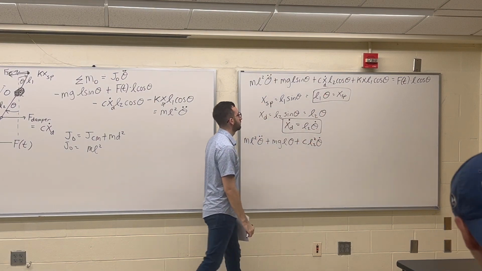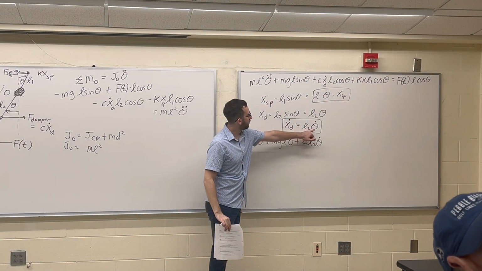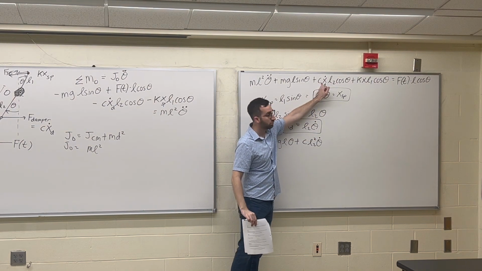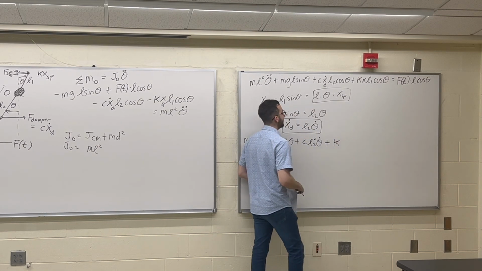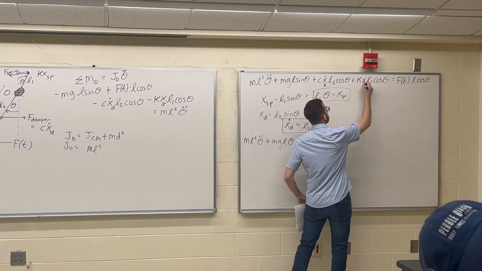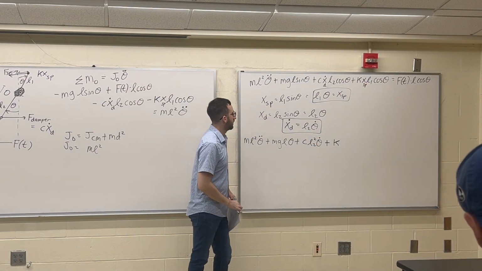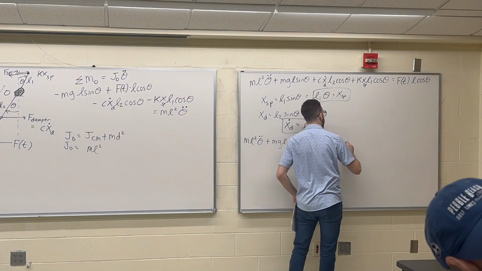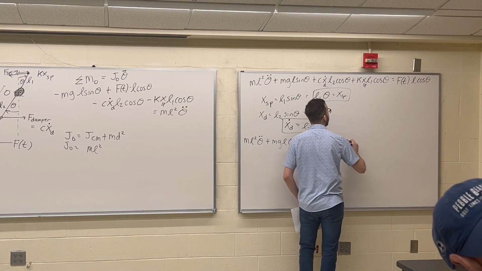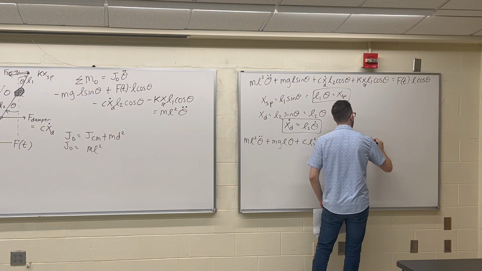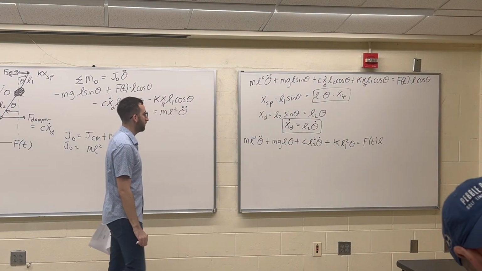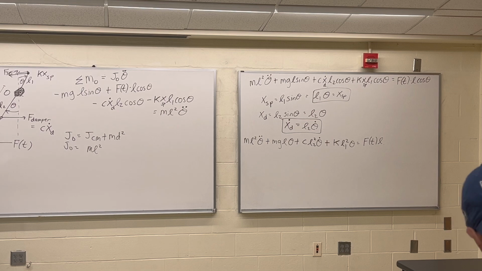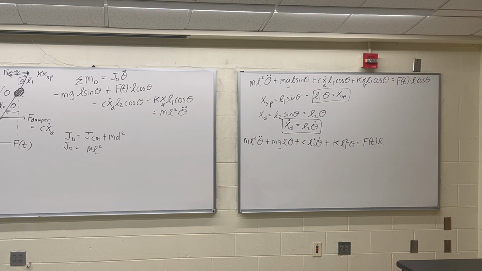XD dot is L2 theta dot, that goes there, there's two L2s, times cosine of theta is 1. Plus K times X, this is X of the spring. That is L1 theta multiplied by another L1, gives us L1 squared theta times cosine theta is 1. That will equal F of T, L, and then cosine theta becomes 1. Any doubts about this? Okay.